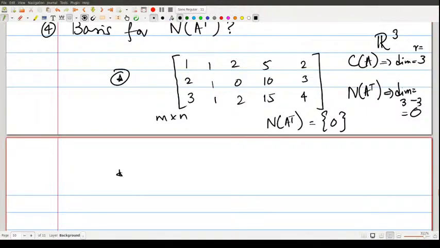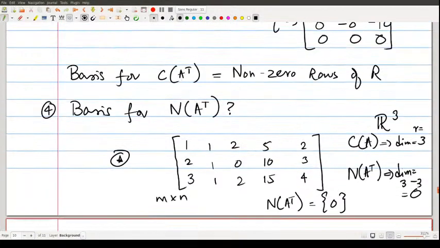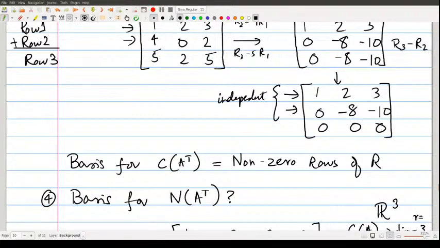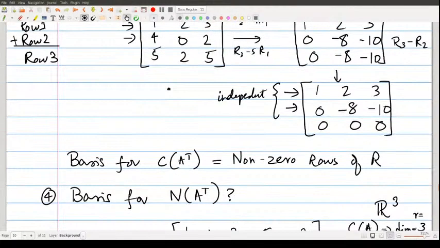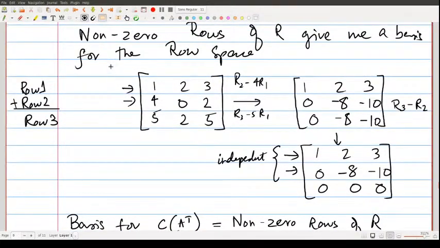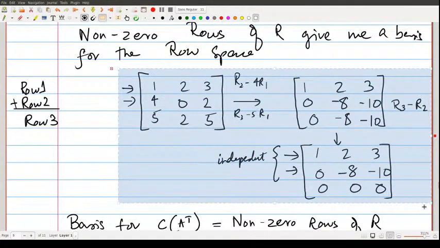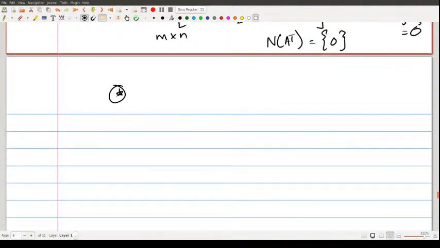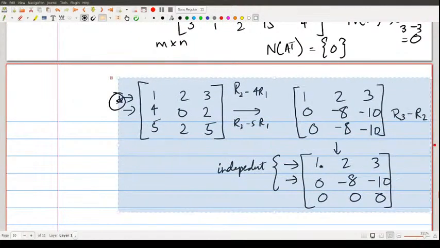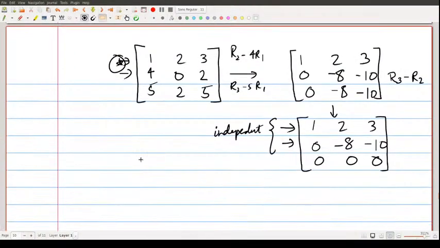Okay, but what about a case where we do get a null space, right? Let's take this entire example that we just did. For this one, notice that this matrix A was 3 by 3. M was equal to 3. N was equal to 3.